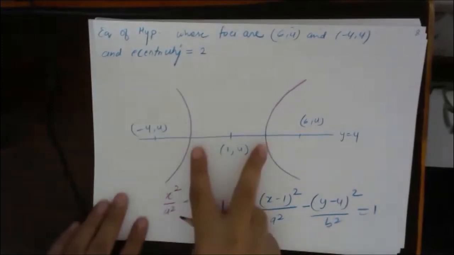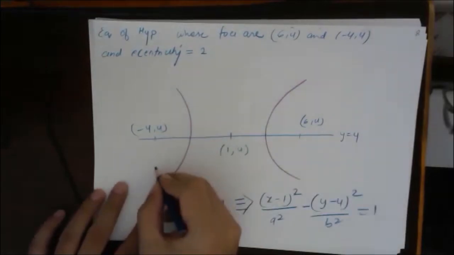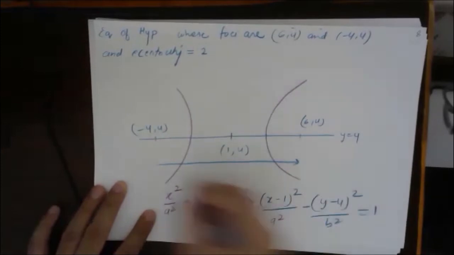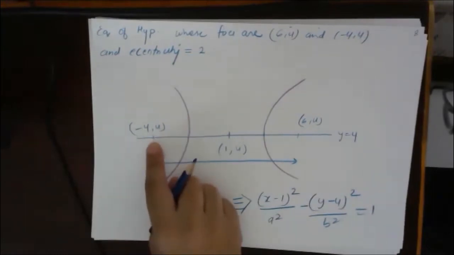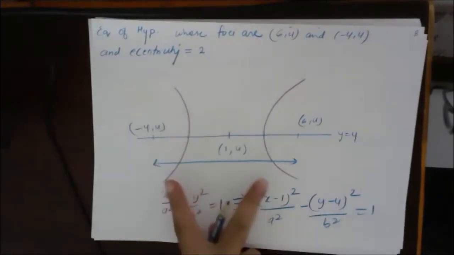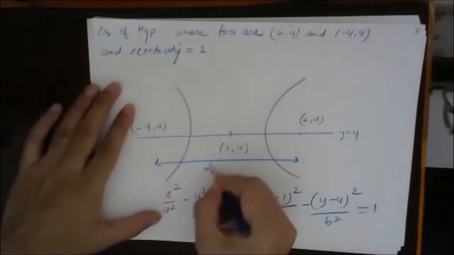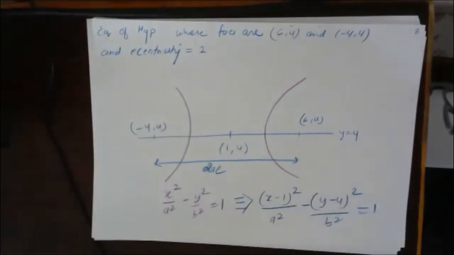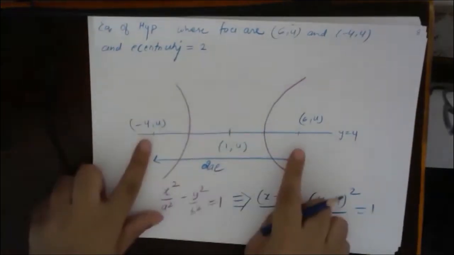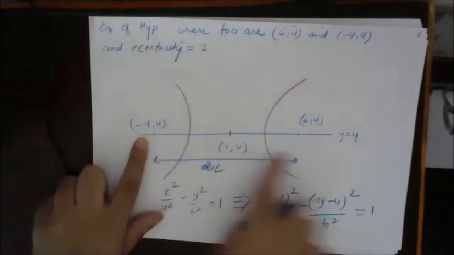Now this total distance from here till here, what will it be? This point will be AE comma 0 and this point will be minus AE comma 0. So this total distance will be nothing but 2 into AE. And the total distance is 6 plus 4, which is 10.